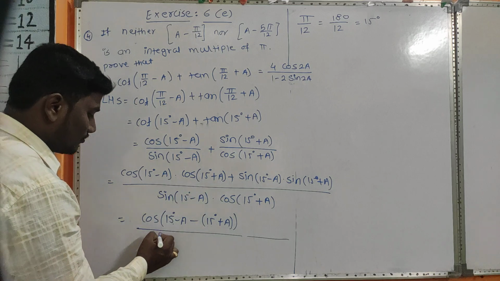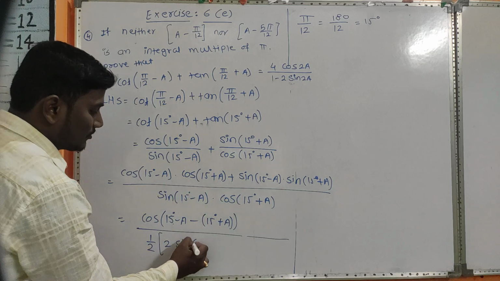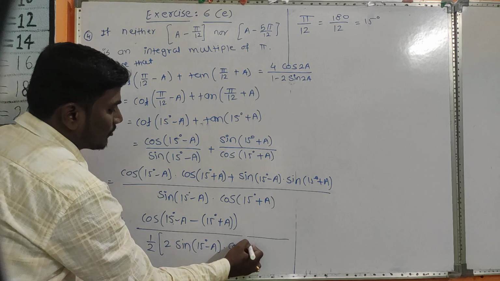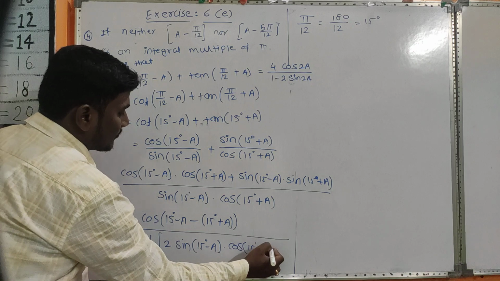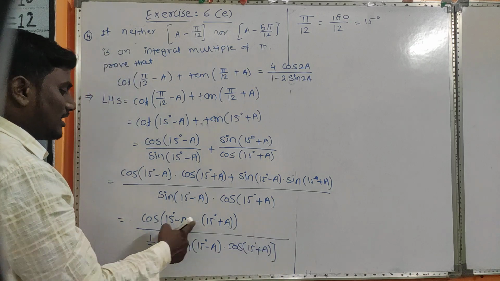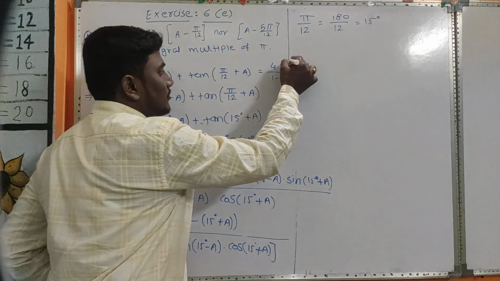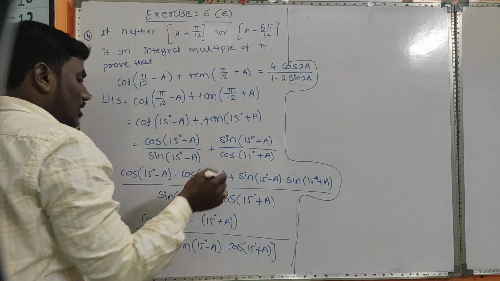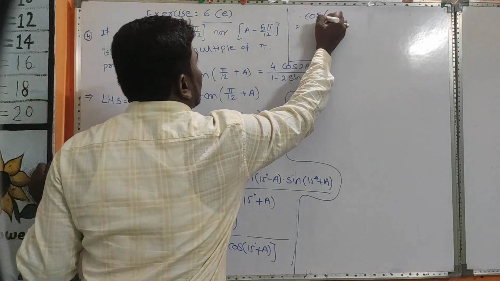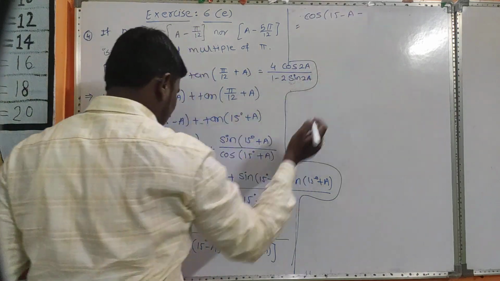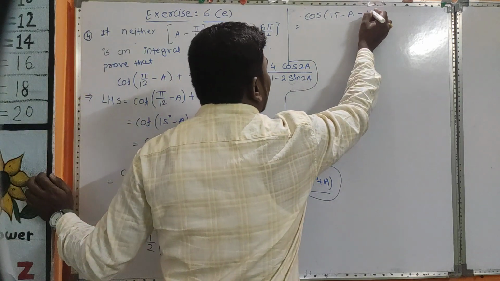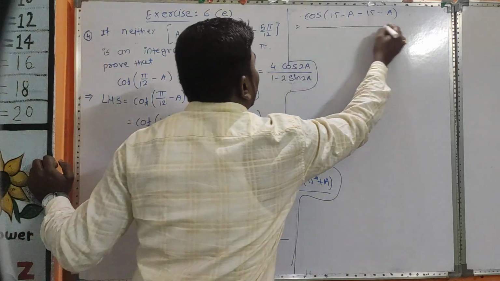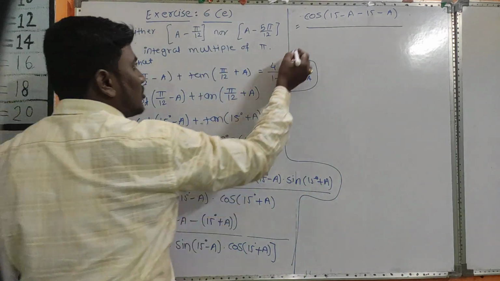So 1 by 2 into 2 sin(15 degrees minus A) into cos(15 degrees plus A). Multiplying with this minus sign, what do we get? Cos(15 minus A minus 15 minus A) divided by 1 by 2.